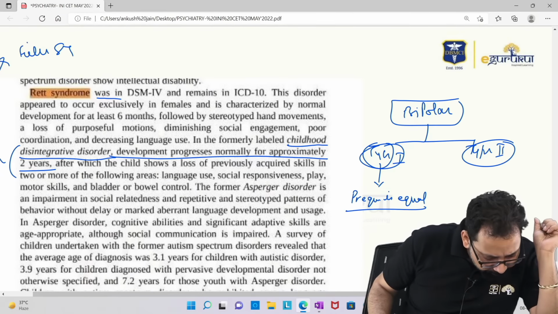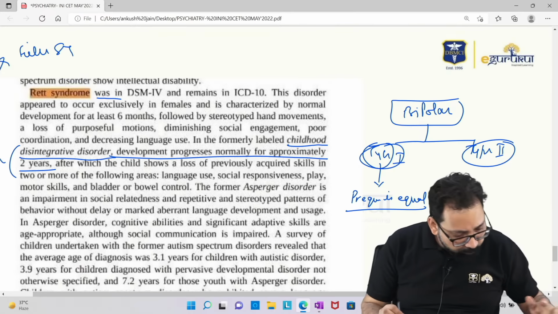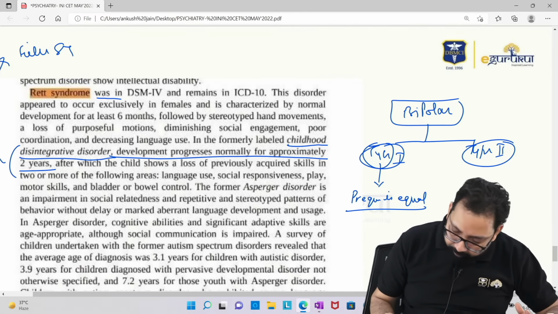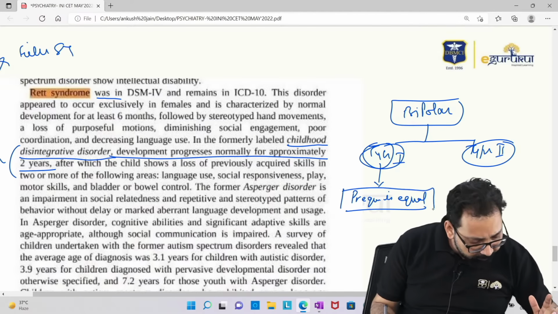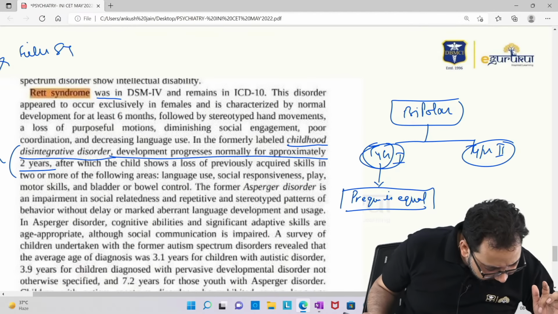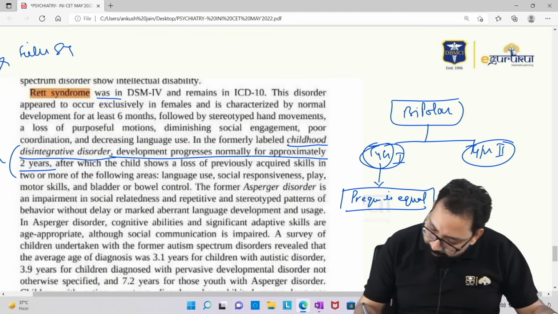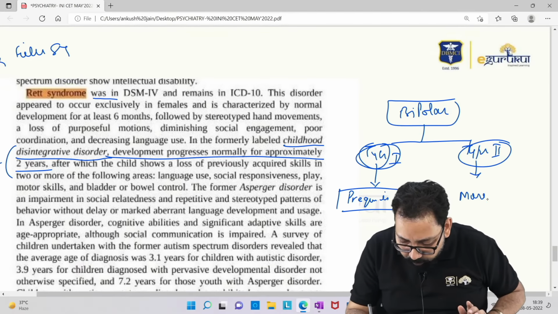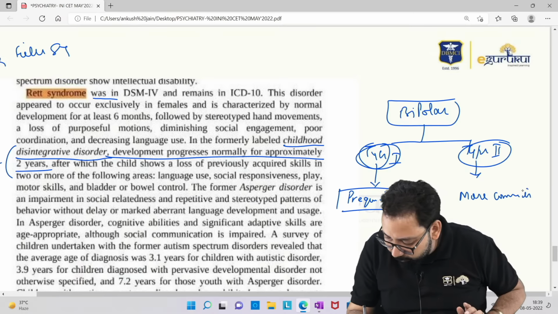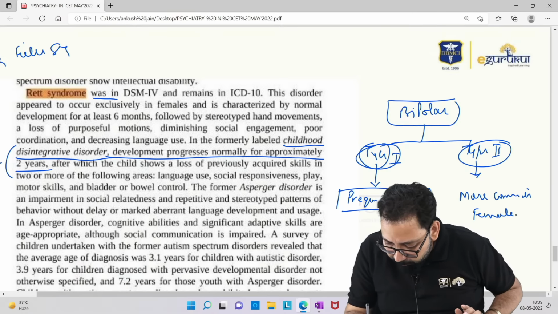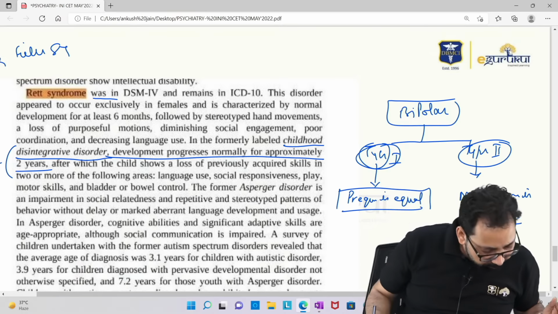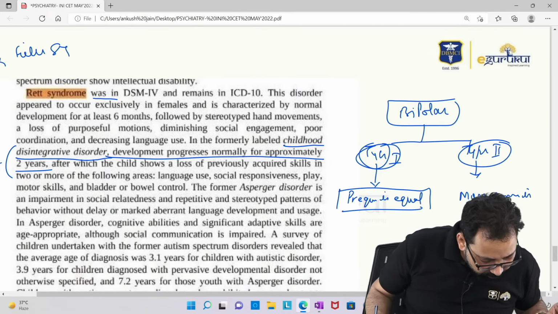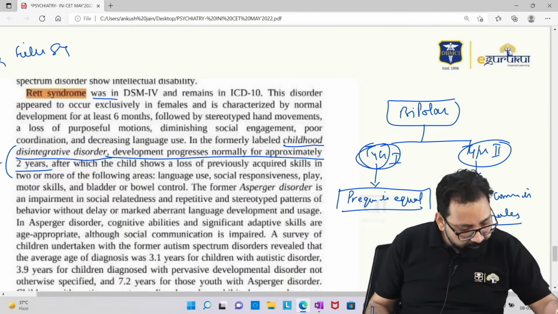Bipolar affective disorder type 1, prevalence is equal. This is correct. And bipolar 2 is more common in females. Why? Because there is no history of rapid cycling.